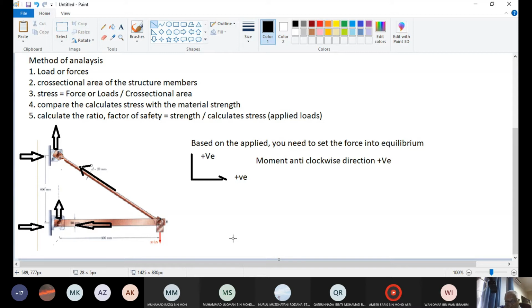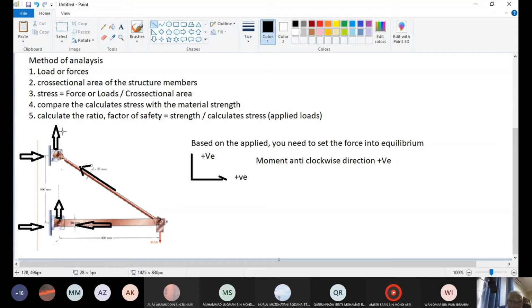How can we know the force direction? We have the force downward, so it should be reacted force upward. There will be a reacted force here upward, and at this point also.